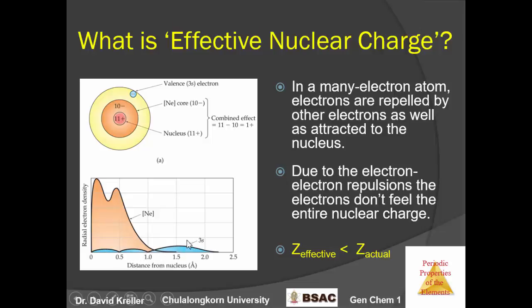The location at which the 3s electron spends most of its time is farther away from the nucleus than the location of all those inside core electrons. So they are said to shield that outermost electron from nuclear charge.